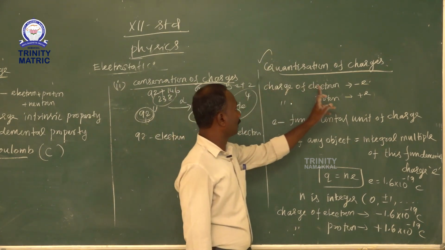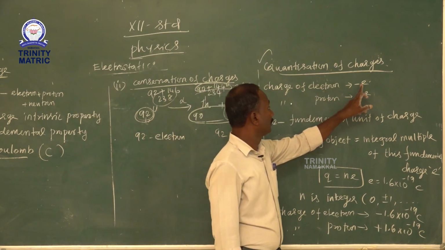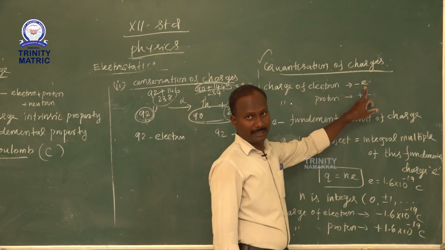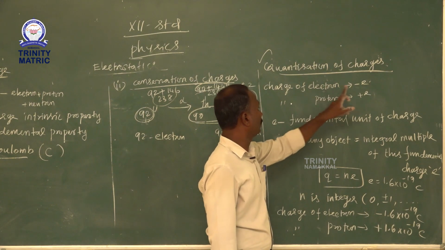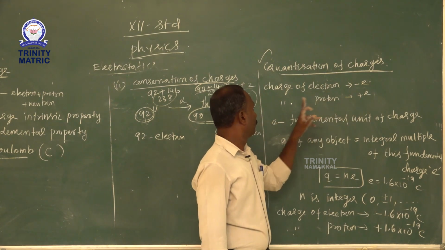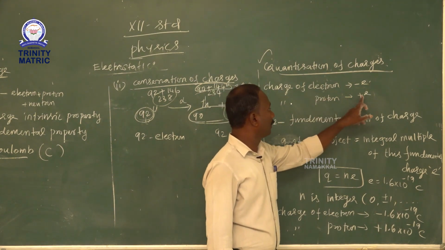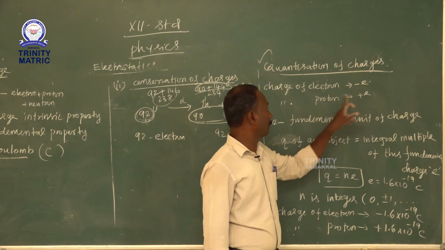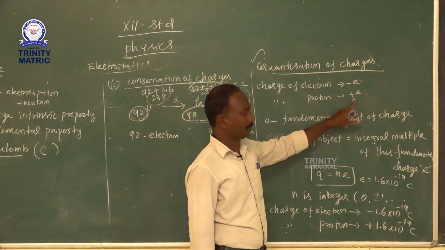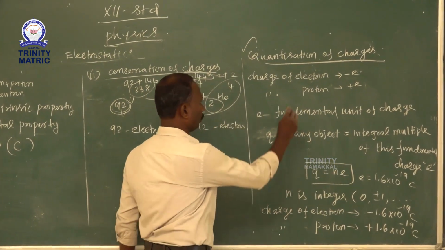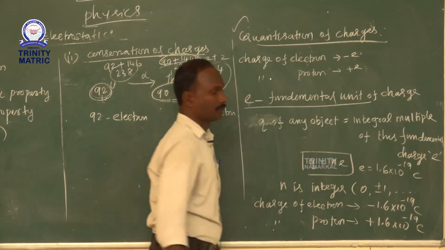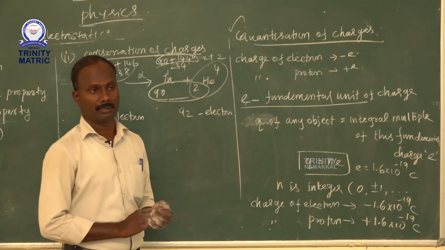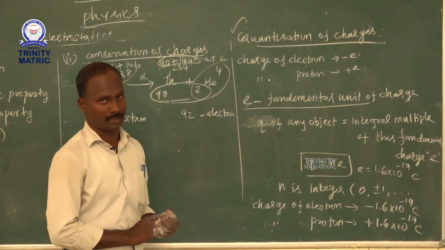The charge of electron is minus e, because the electron has negative charge. Then the charge of proton is plus e, because the proton has positive charge. So the e is a fundamental unit of charge. Fundamental means basic unit of charge.